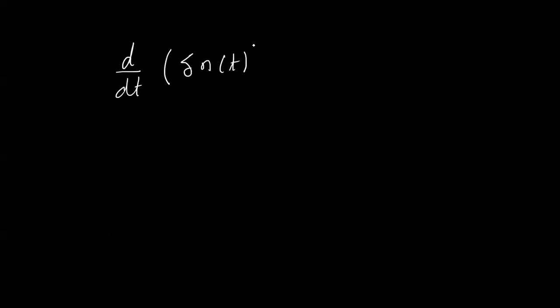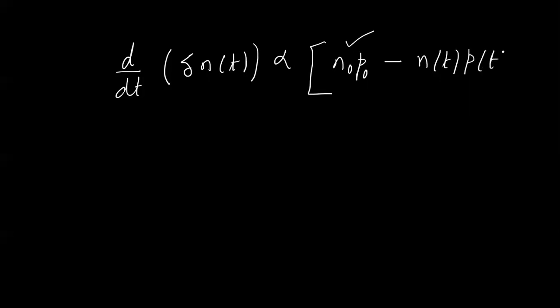We got delta nt is a function of time. We said it varies because it's a non-equilibrium situation. So this can be written as directly proportional to the difference in the law of mass action. This N0 P0 was our reference value, which was constant, minus NT and PT, the non-equilibrium concentrations of electron and hole.